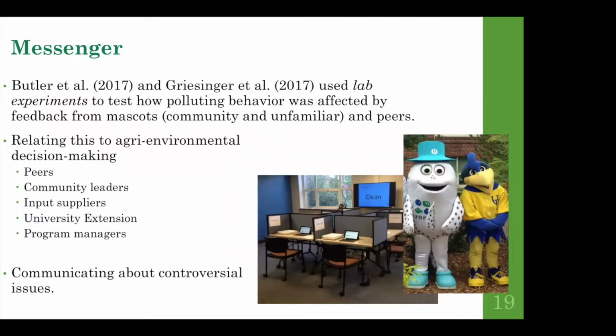This was work that was done at the University of Delaware, and we did a non-point source pollution laboratory experiment in which students were given feedback about polluting behavior from their familiar school mascot, UD, over here on the right, and from an unfamiliar mascot named Malloy, who's actually a leopard grouper, if you're wondering what that is. And we found that actually in the lab, they reduced pollution when UD would be sad about a pollution outcome, even in the laboratory.